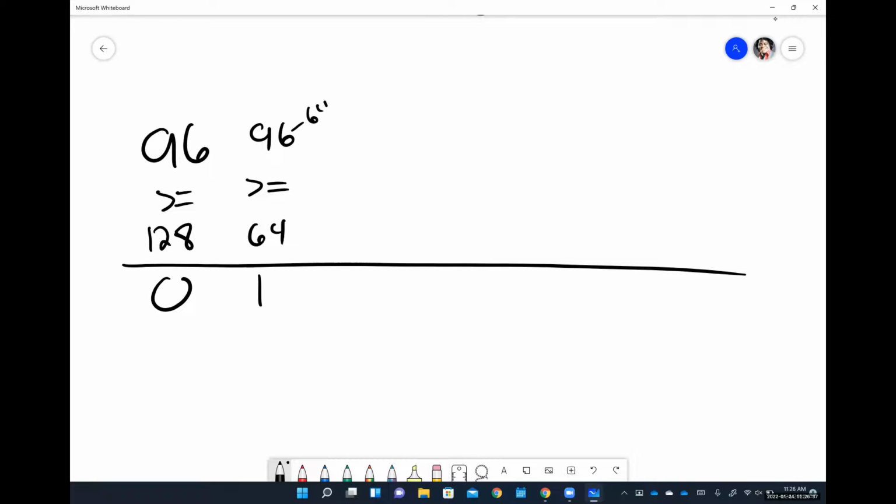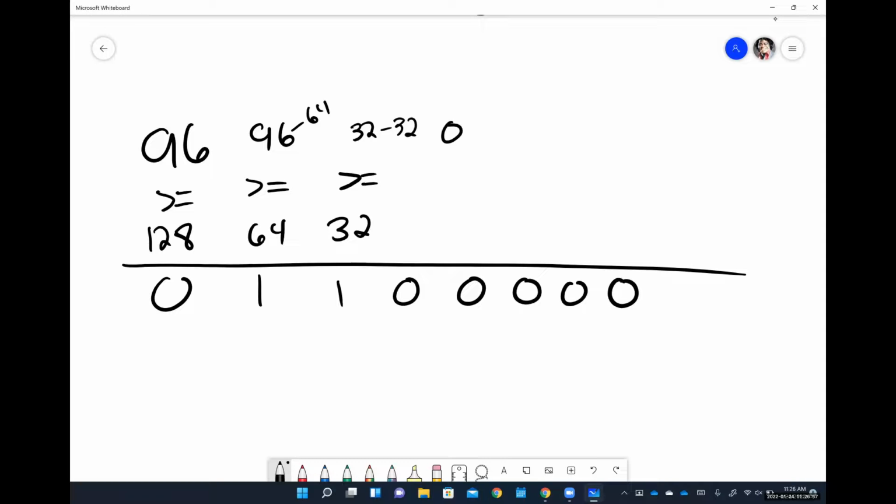Subtract 64. I believe that's 32. Greater than or equal to 32? Yes. Subtract 32. Well, we know we have 0. At this point, we're done. The rest of these have to be 0. So 0, 1, 1, 0, 0, 0, 0, 0. And that's our number.